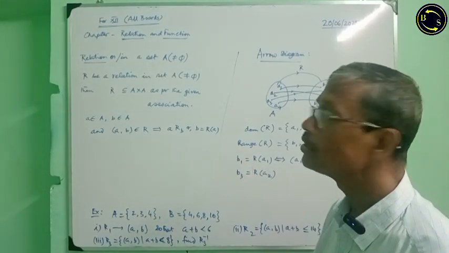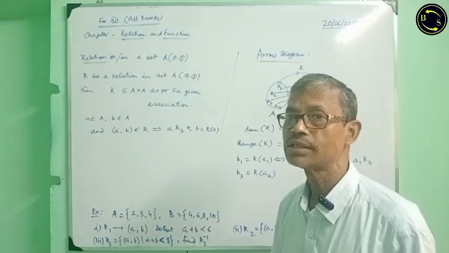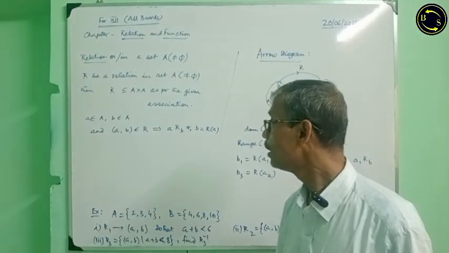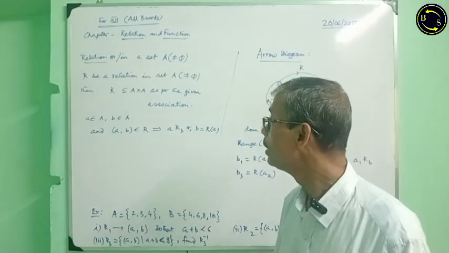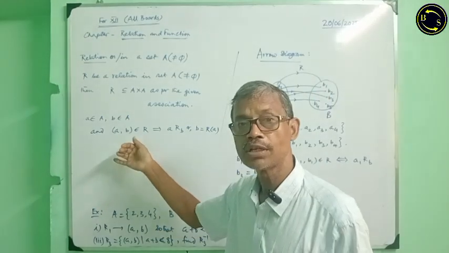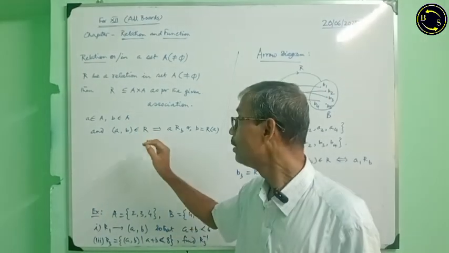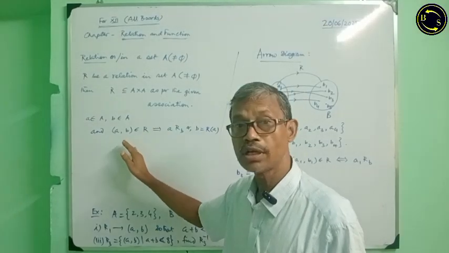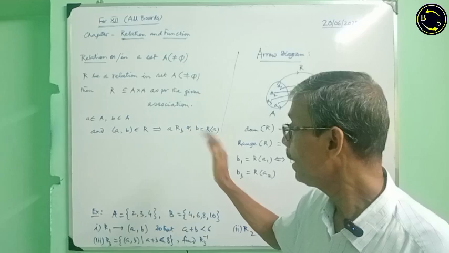Thus, this is the definition of relation on a set or in a set. From the definition, it is clear that the domain of relation R will be a subset of set A. Range of relation R will also be a subset of set A.